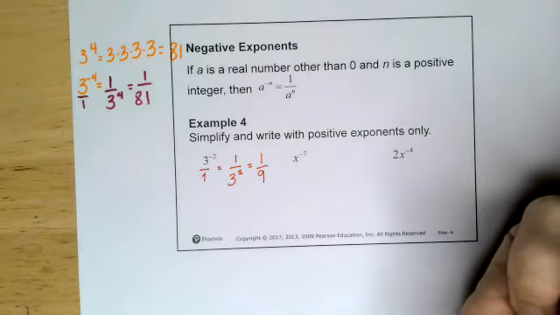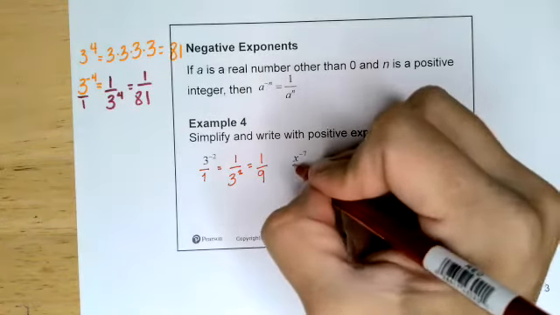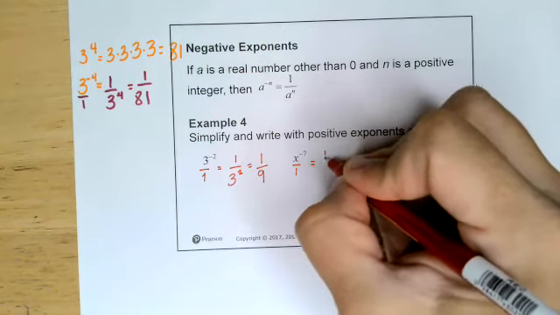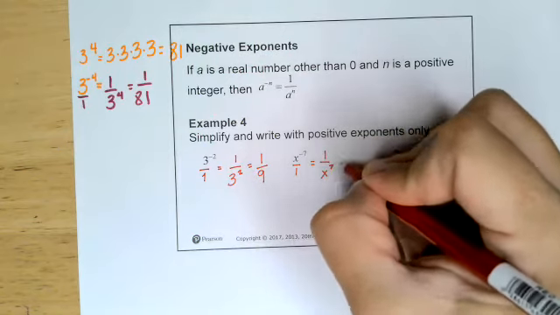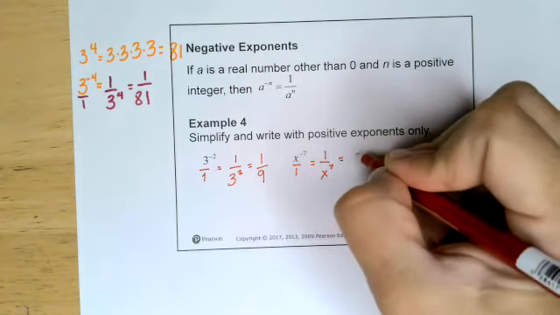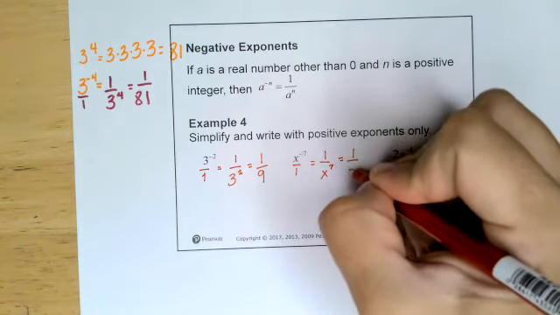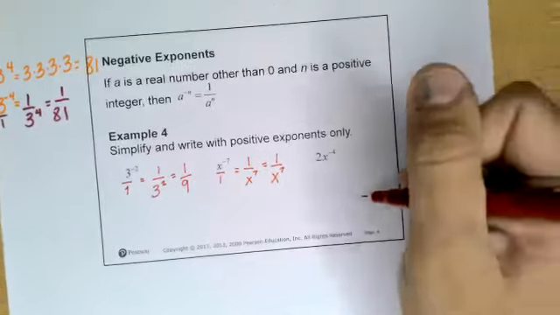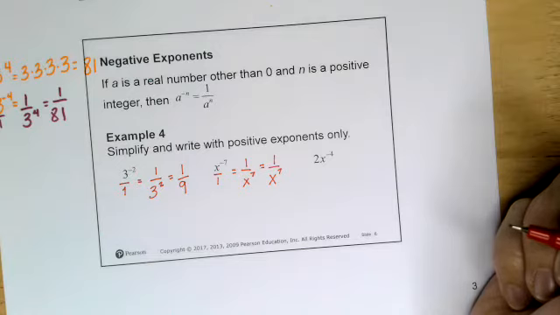Done, okay? This one, same thing. I'm going to reciprocate so that it's a positive 7. Now it's 1 over x to the positive 7, that's all I can do. I don't know what number x is, so I can't do anything else.